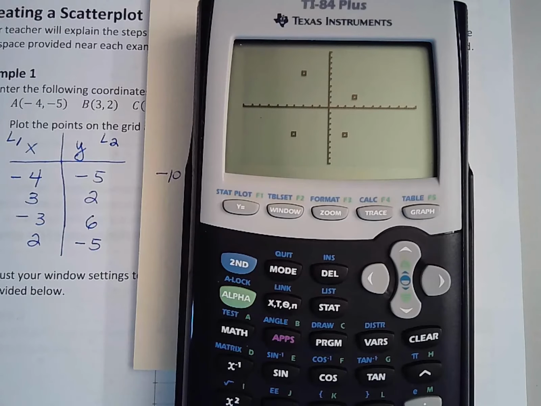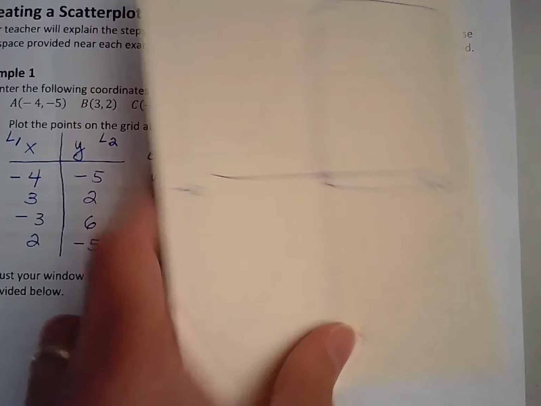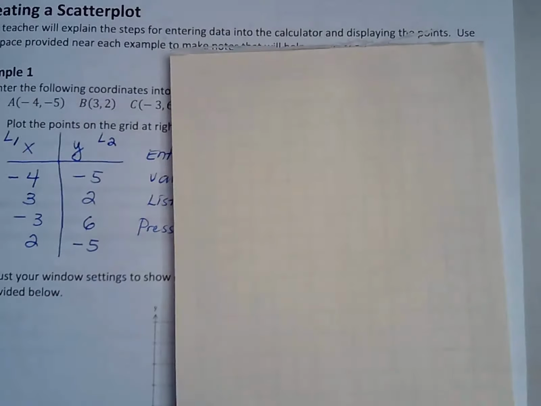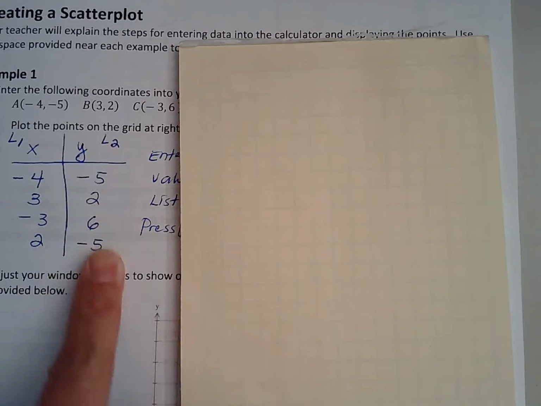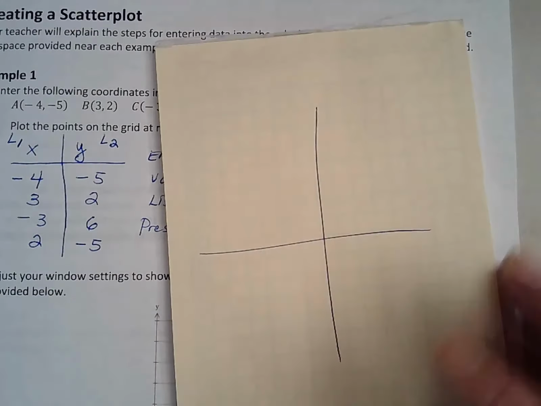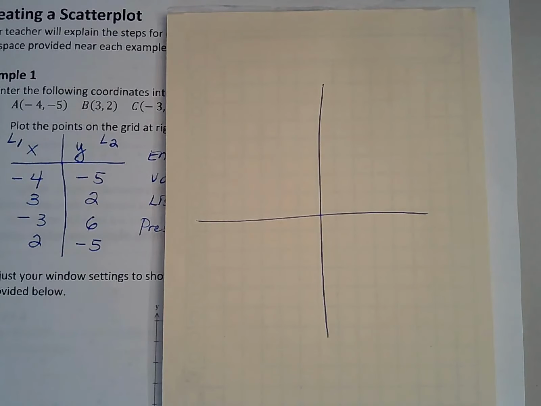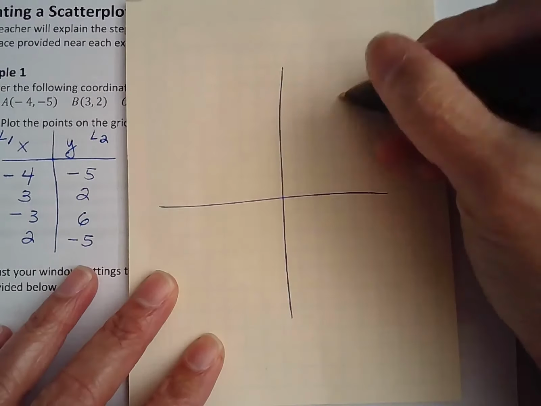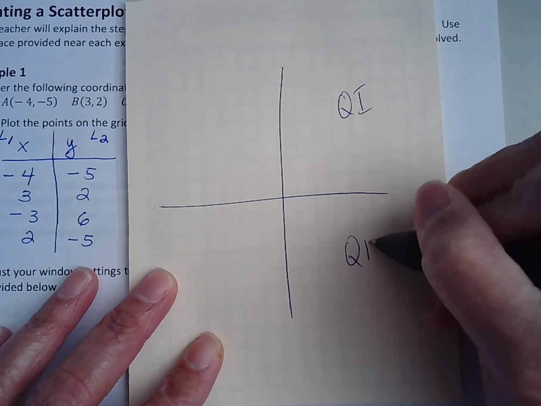Okay, let's do one more thing. Let's change our window. What if you wanted to show just quadrants 1 and 4? How would you change your window to show just quadrants 1 and 4?